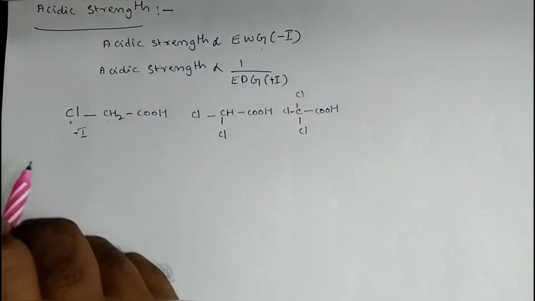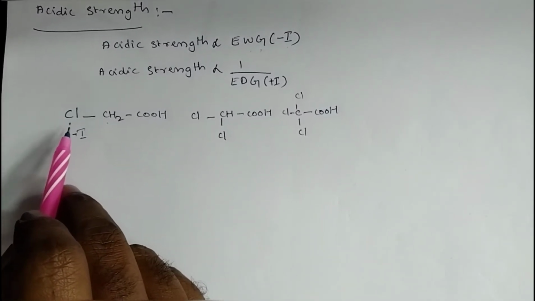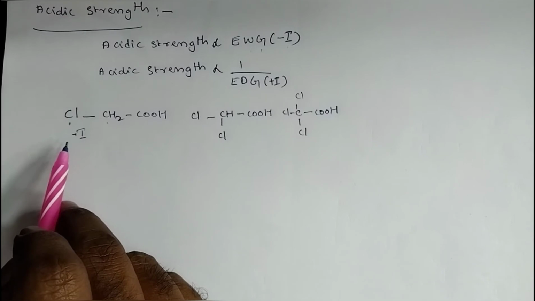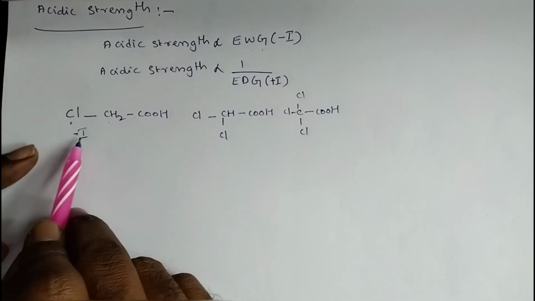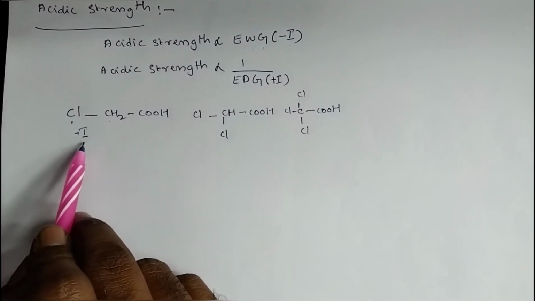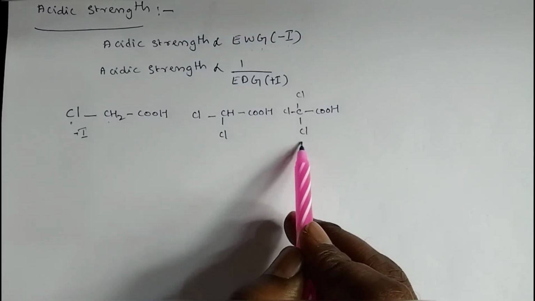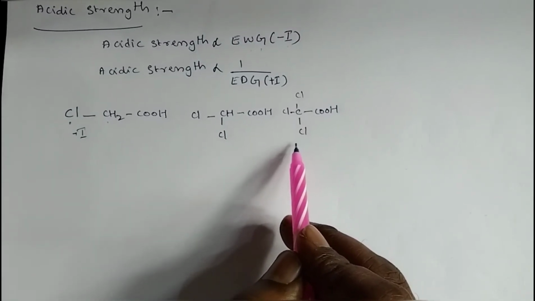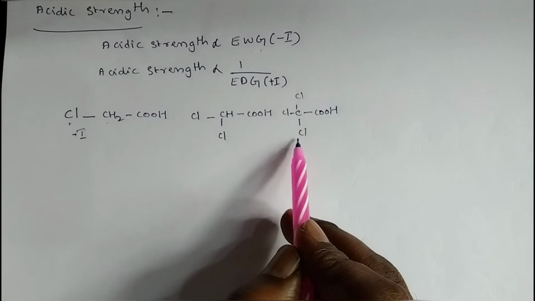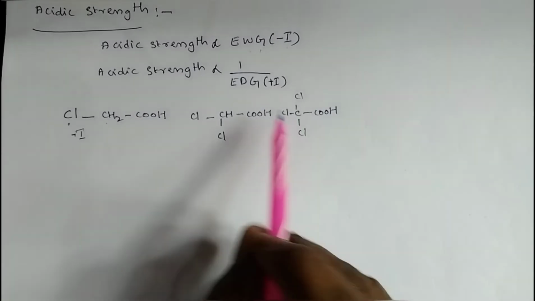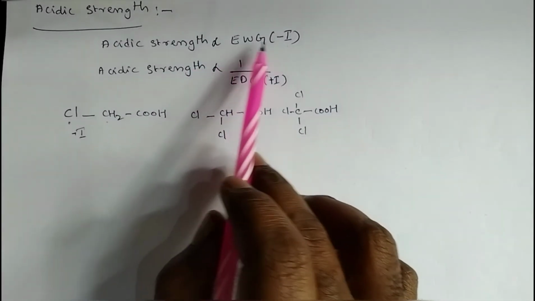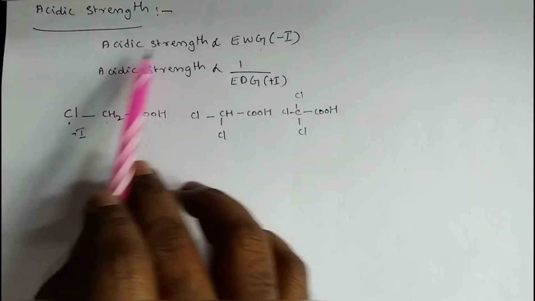The more electron withdrawing groups, the more minus I effect. Here only one chlorine atom is there, whereas here 3 chlorine atoms are there, so the minus effect is more. According to the first rule, the more the minus effect, the more the acidic character.